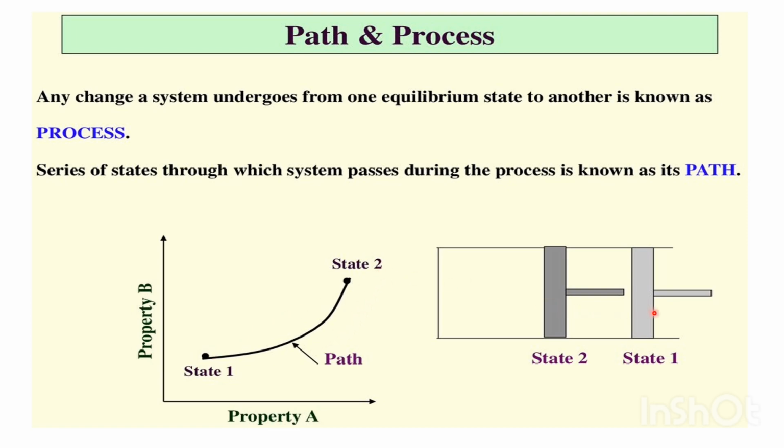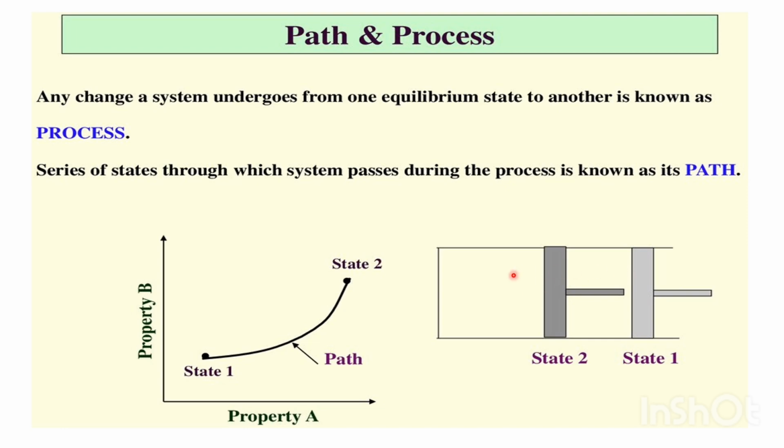Whatever series of states the system passes through, we call the path of the process. This is my path from state 1 to state 2, and this is my process.